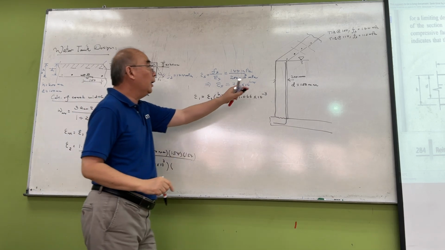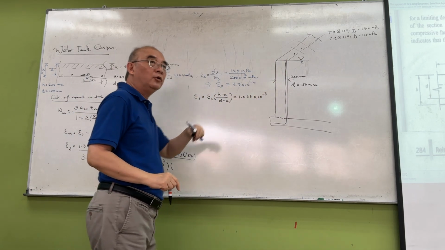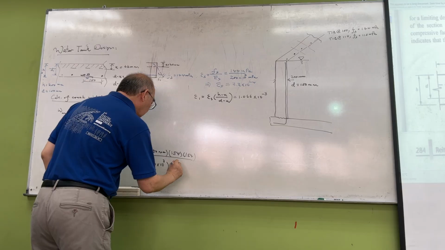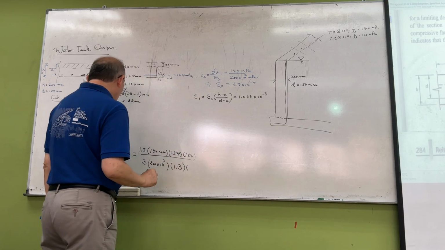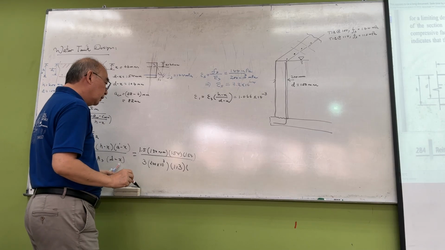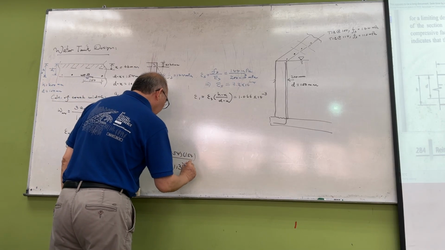And my area of this bar is 113 millimeter square. And then d minus x is 104.